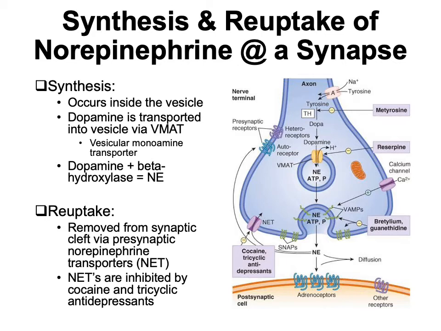It's also taken back up out of the synapse into the axon terminal. It's removed from the synaptic cleft via presynaptic norepinephrine transporters, or NETs. These NETs, these reuptake transporters, are inhibited by cocaine and tricyclic antidepressants.